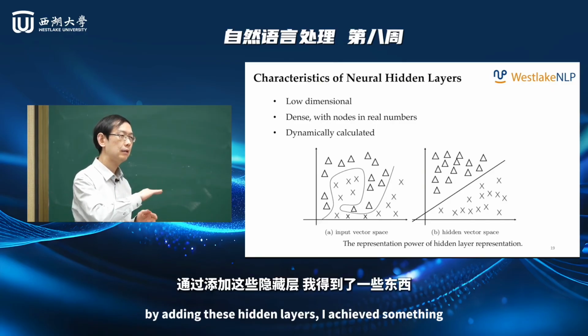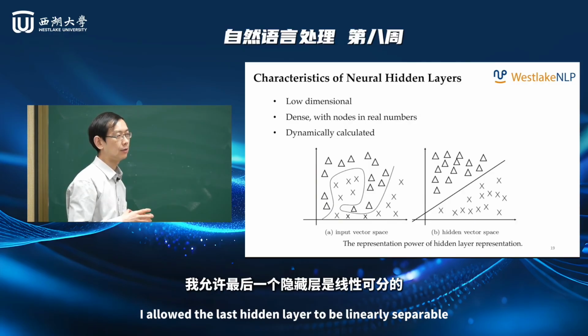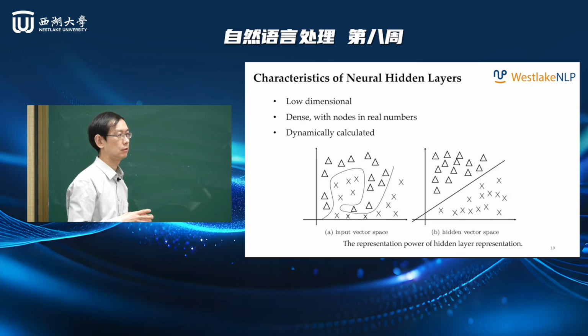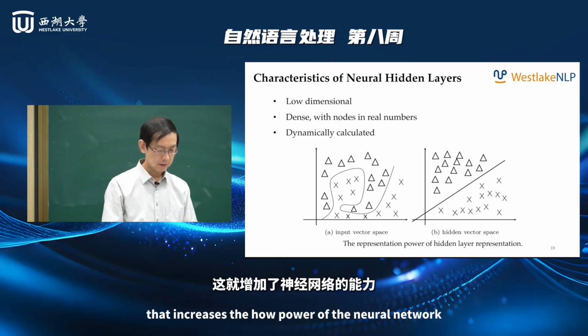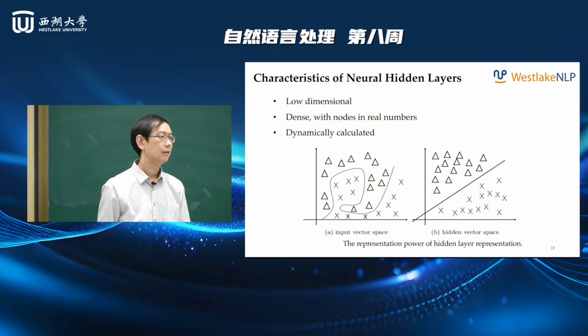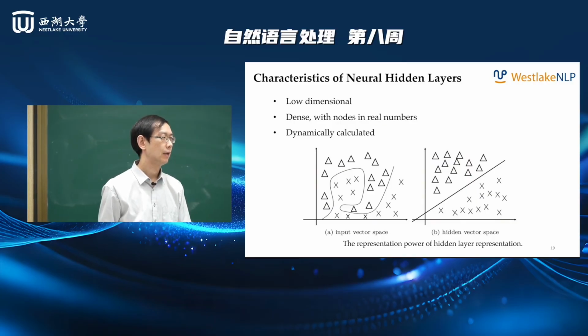So by adding these hidden layers, I achieved something. I allowed the last hidden layer to be linearly separable, okay? So that increases the power of the neural network, okay? All right. So most of you know that, so I continue.